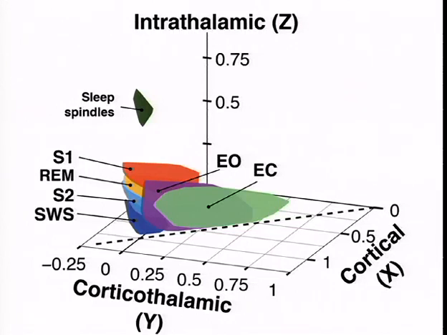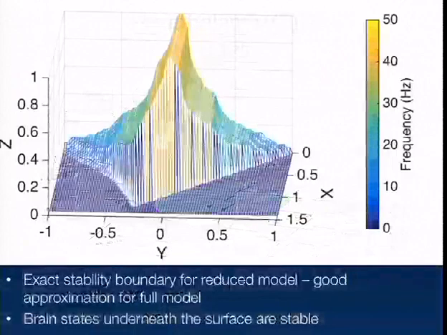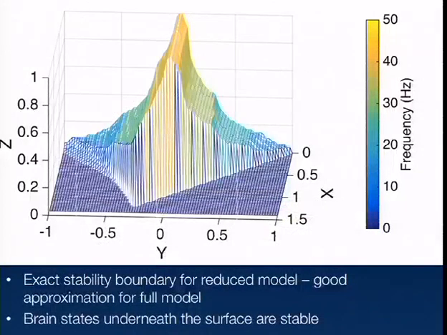So what about the separation between the stable brain states and unstable brain states, between healthy brain activity and seizure-like activity? If we make a simplification to the model, in terms of some of the synaptic and dendritic effects, we can actually compute the stability for the model exactly in terms of these three loops.